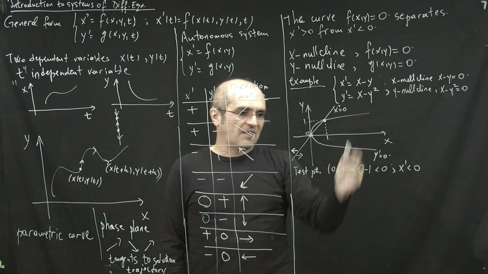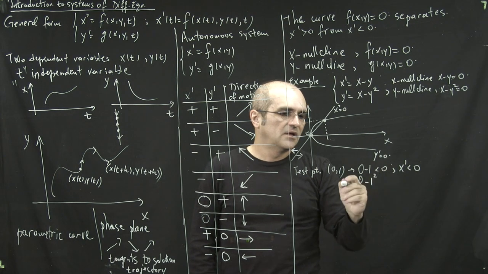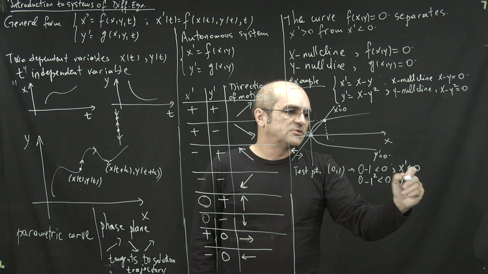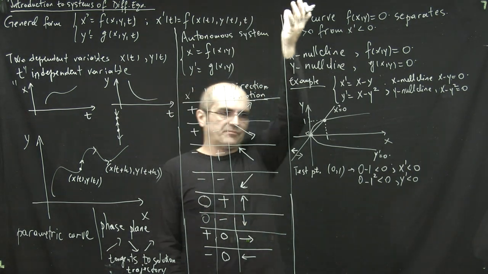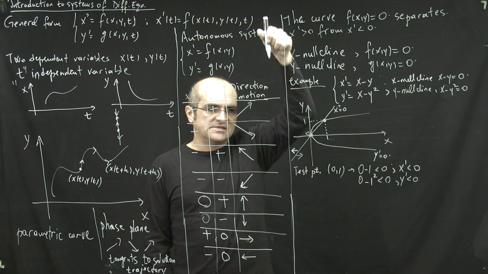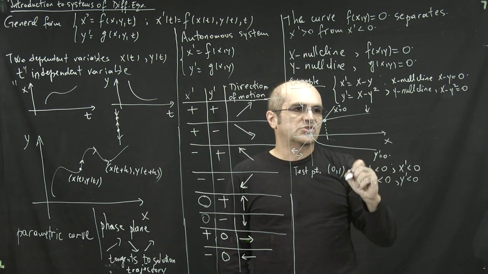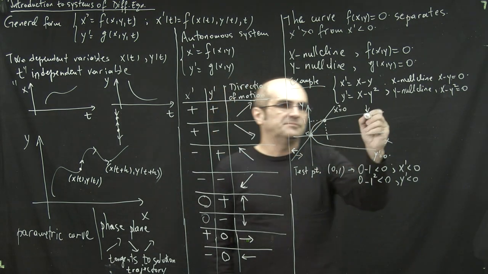What happens if I plug x equals 0 and y equals 1 into the second nullcline? Again, it's negative. So that means y prime is less than 0 if you are above the parabola. Now y prime less than 0 means it decreases. It means that if you are above the parabola, the motion is downward. If you're below the parabola, the motion is upward.